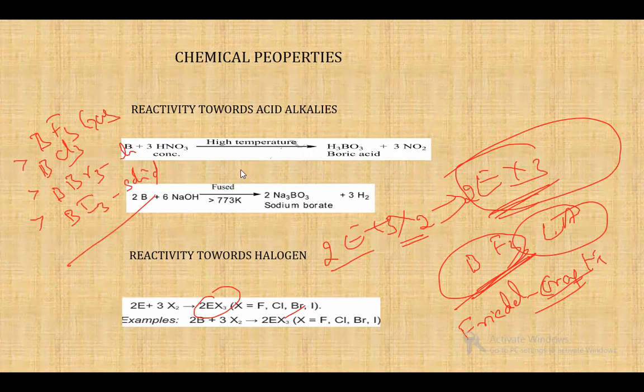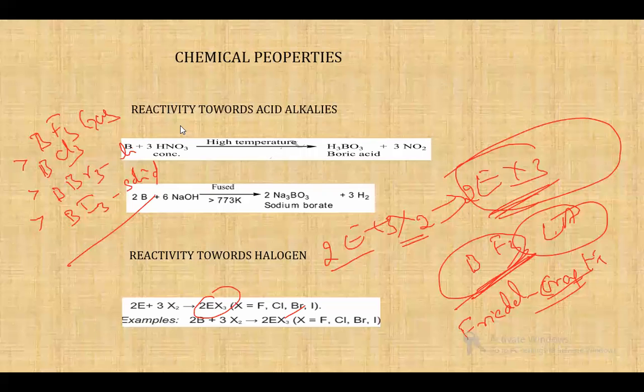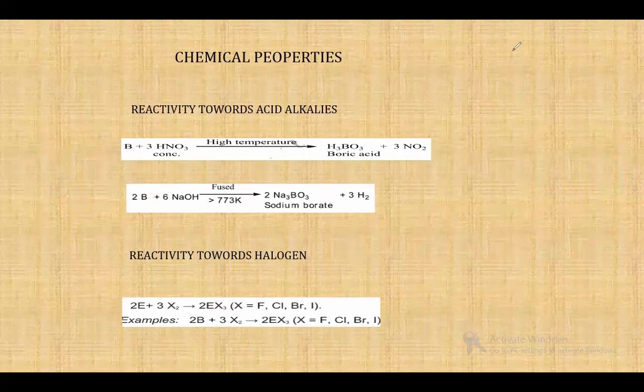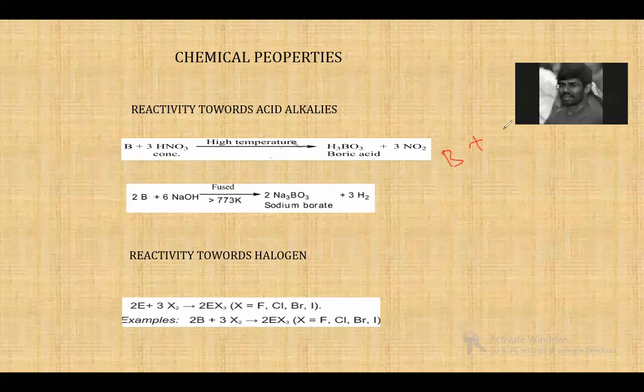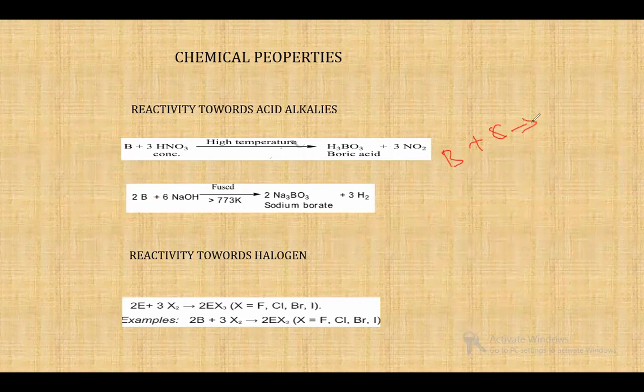Not only this, boron also reacts with carbon, forming respective carbides. Boron reacts with carbon, B plus C, forming B4C3, boron carbide.